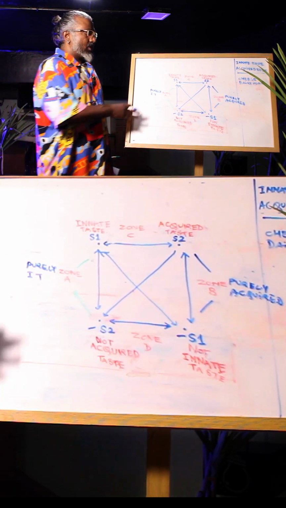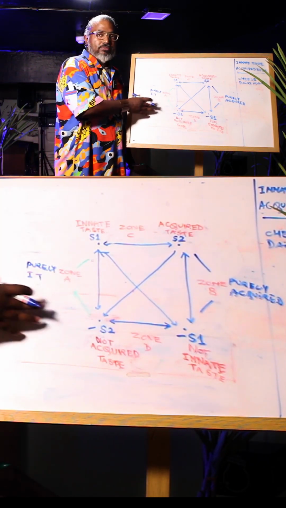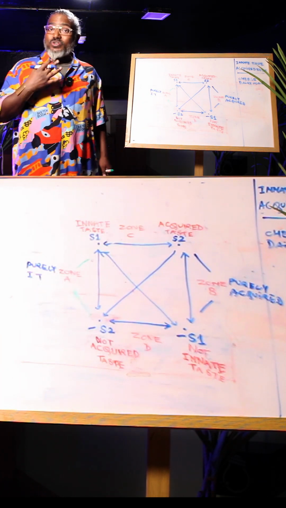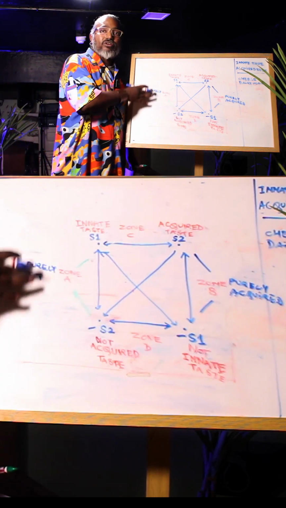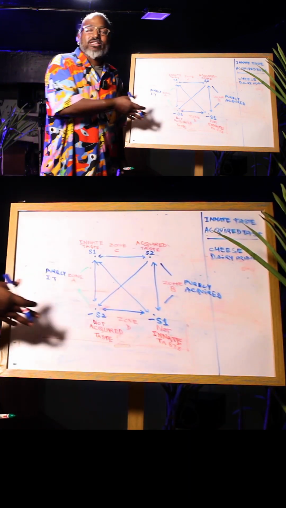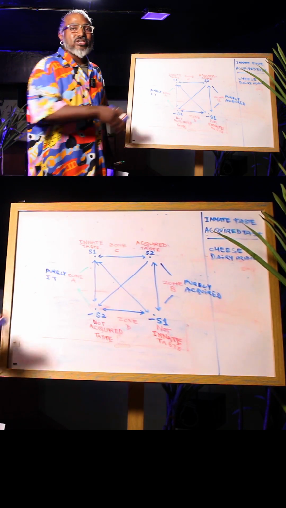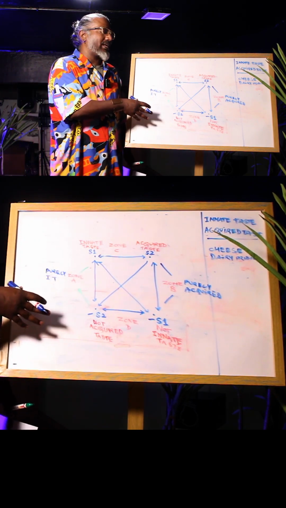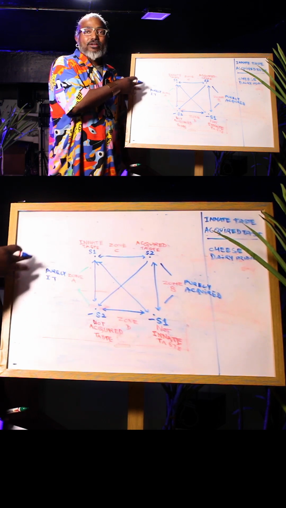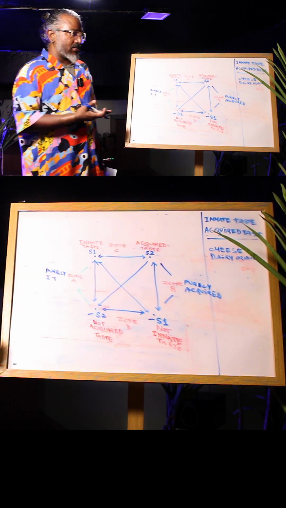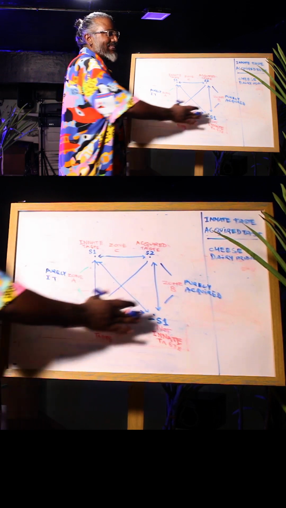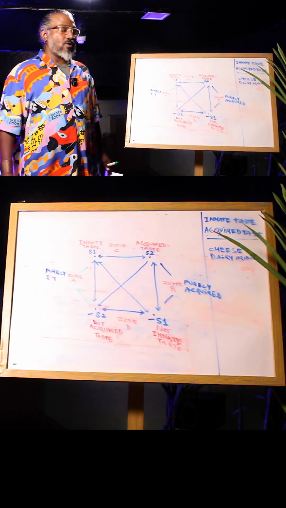Clear? So this zone is basically the taste which we humans buy into from day one. It doesn't require any kind of culturing, acquiring, or practice to develop the taste. This is innate, this is practiced taste.